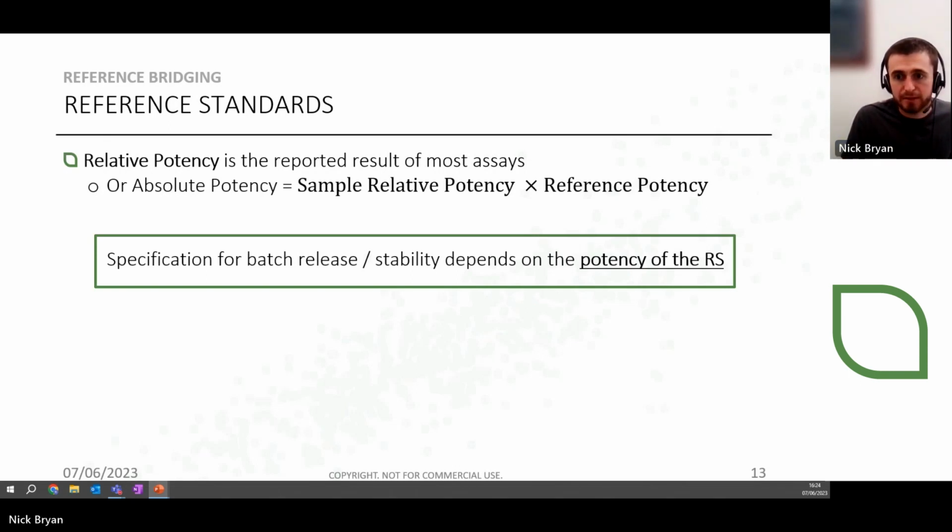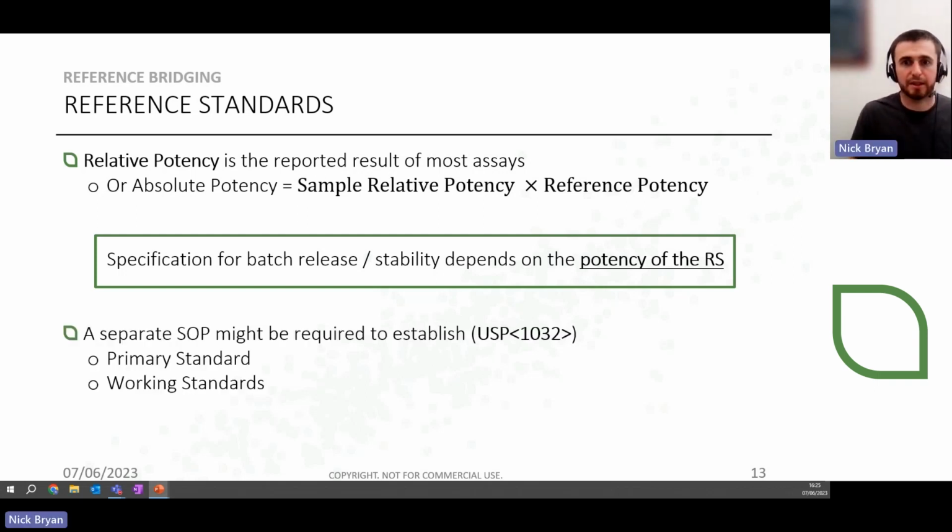The specification limits for batch release, or for stability testing, will depend on the potency of the reference standard. Because of our relative potency measure, that is going to affect whether or not our test sample meets our specification.